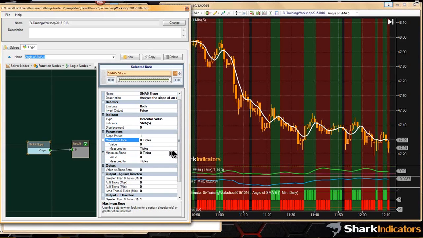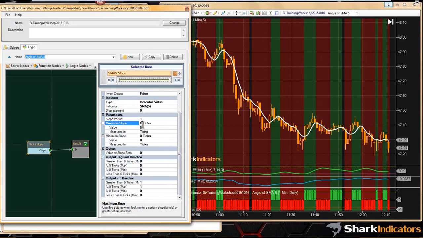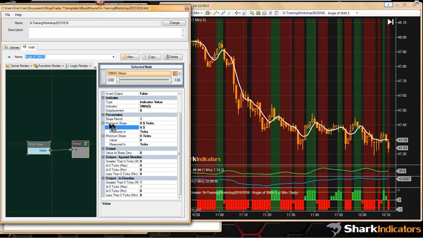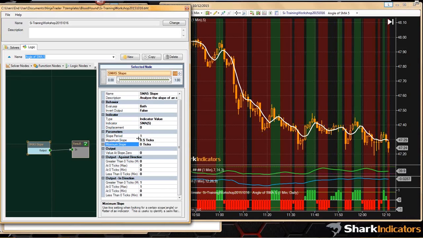Typically what people want to do is just remove a flat slope. So I just put 5 ticks in here, for example, and I'll put 5 ticks in that one too.